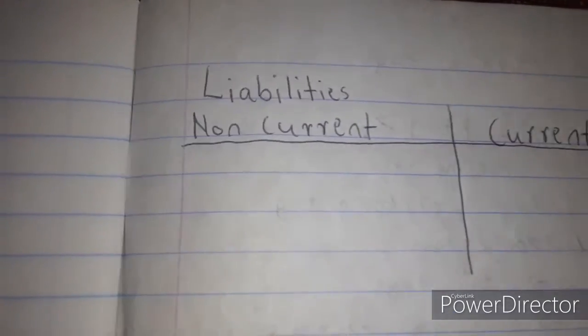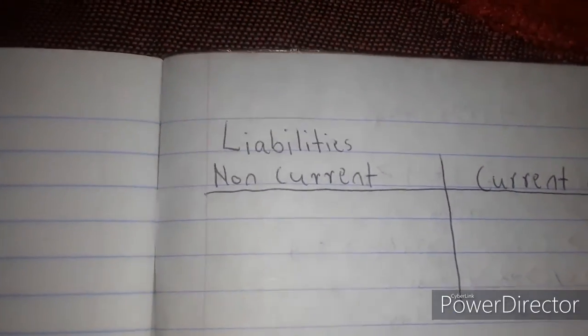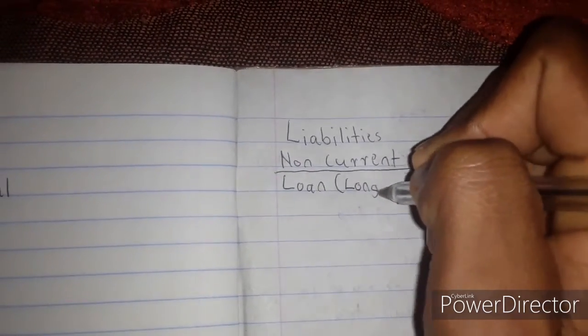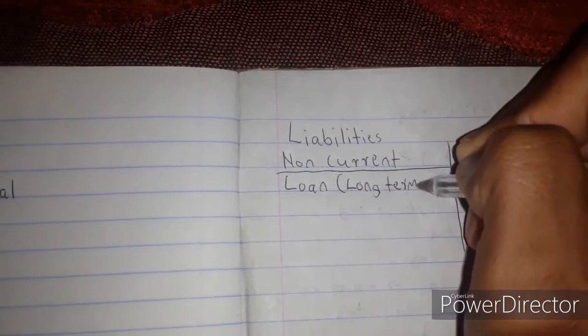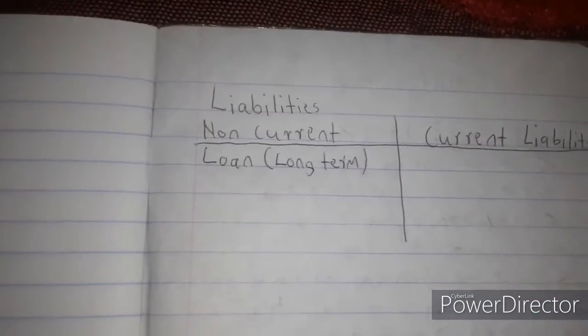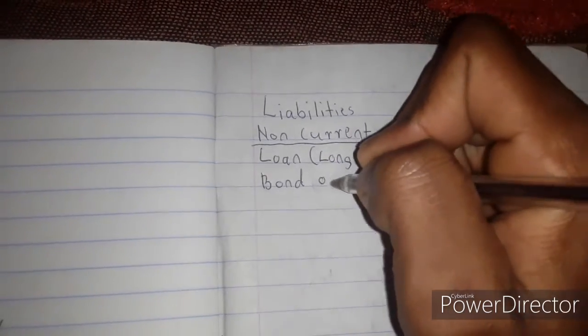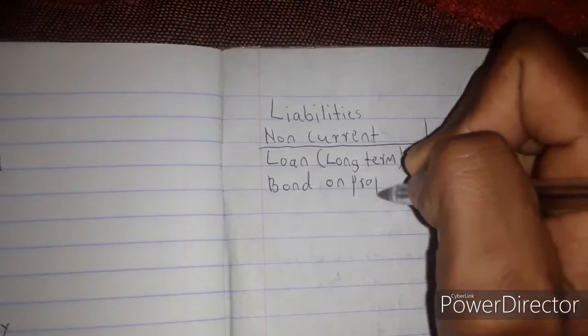So the examples of non-current liabilities is a loan, not just a loan, but a long-term loan, then a bond on property.